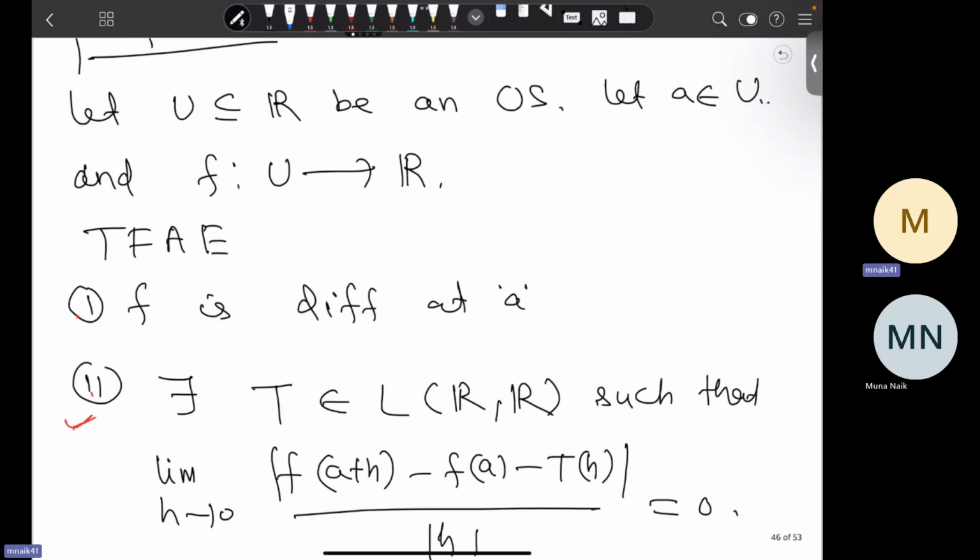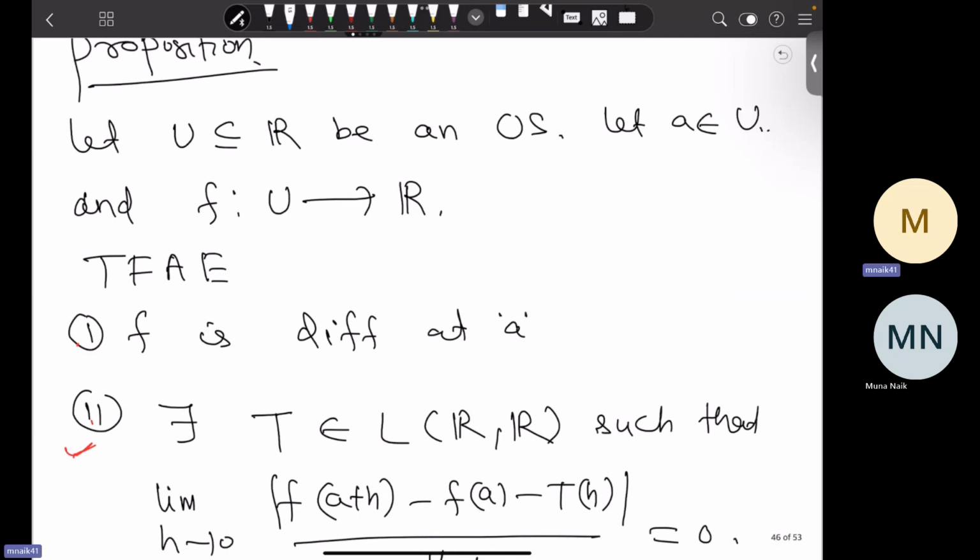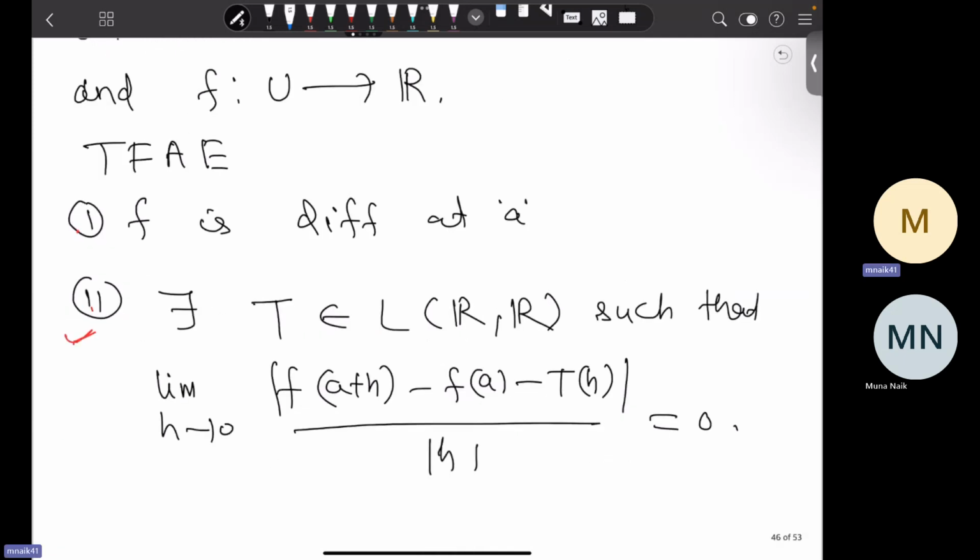Look at this proposition very carefully. Since these two statements 1 and 2 are equivalent, one can take the second statement as the definition of differentiability. Okay.